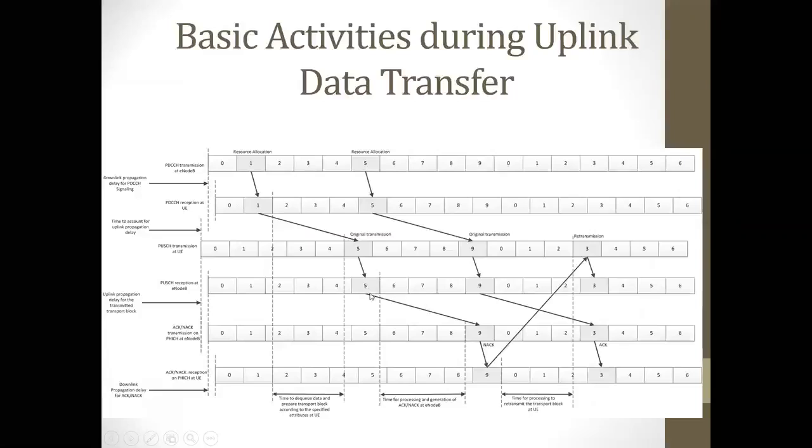So it will send NACK, and this time gap is fixed. It is always 4, in terms of subframe numbering. In this case, it is sending ACK. So you see, in terms of numbering, it is 4. Here also it is 4. You have a 4 subframe gap.